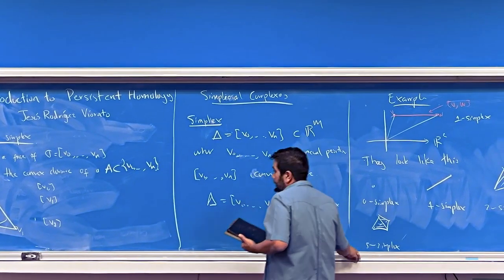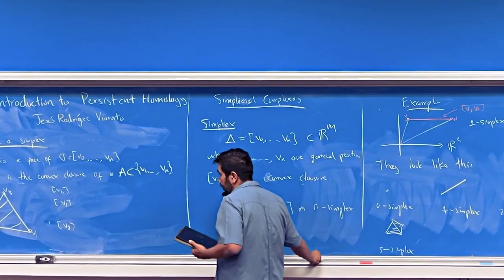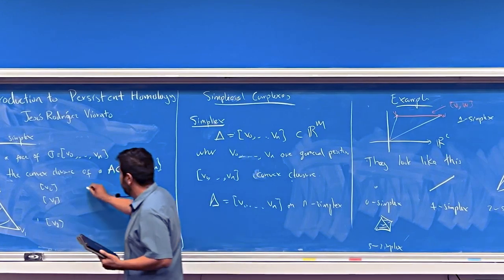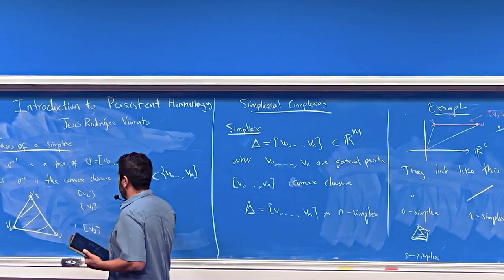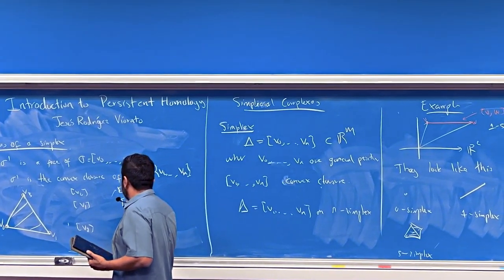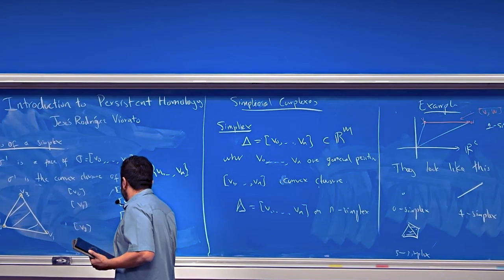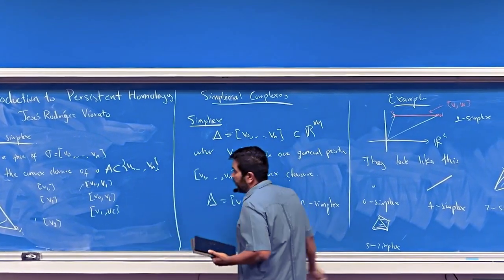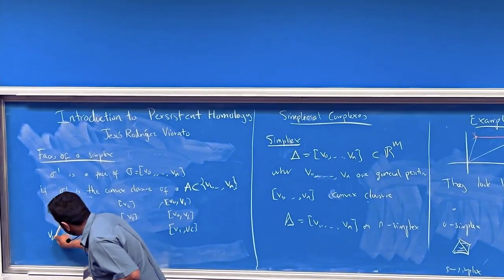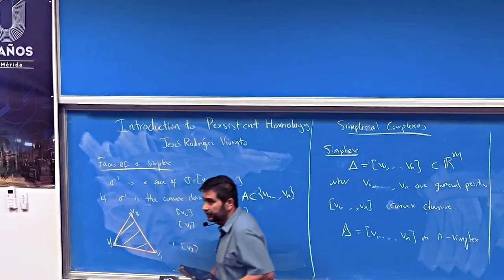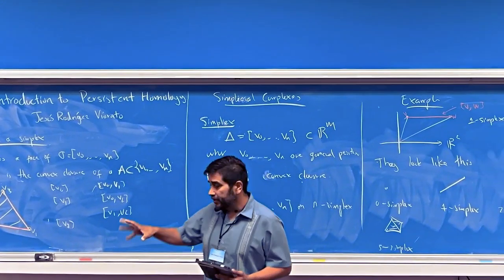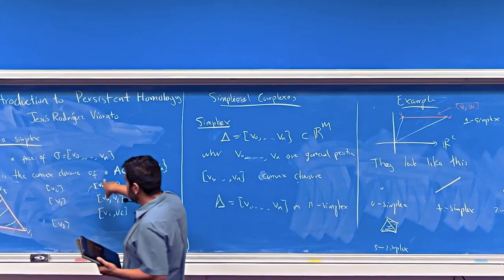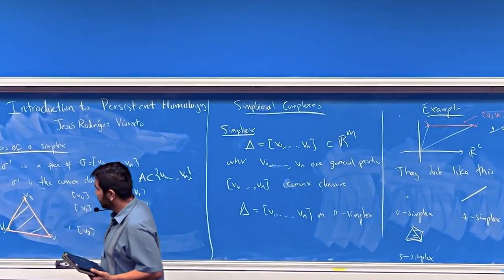And also you have V0 V1, V0 V2, and V1 V2, which are also faces, but these ones are one-dimensional faces. So these are one simplexes. So you talk about these as the 6 faces of the simplex.